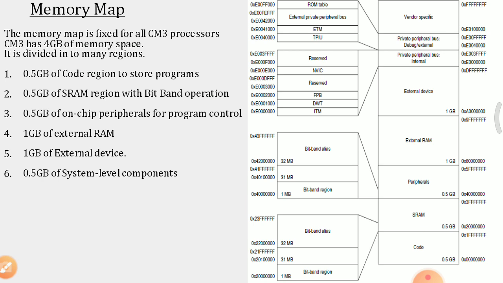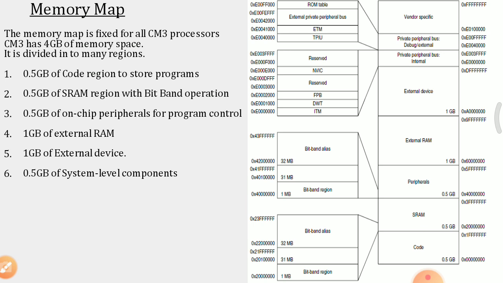The peripheral buses include the Advanced High-performance Bus, AHB. This AHB includes the NVIC. You can see that at the address 0xE000E000 we have the NVIC, which is connected through AHB.